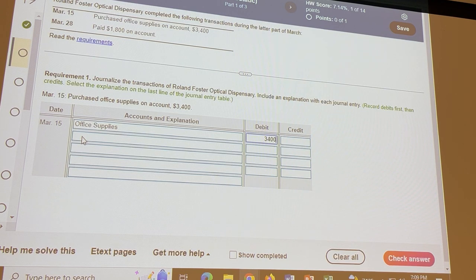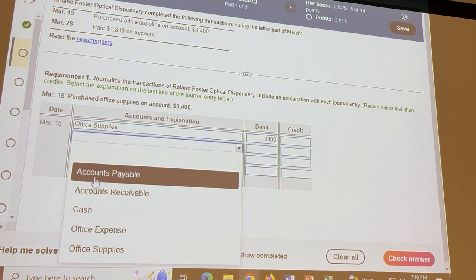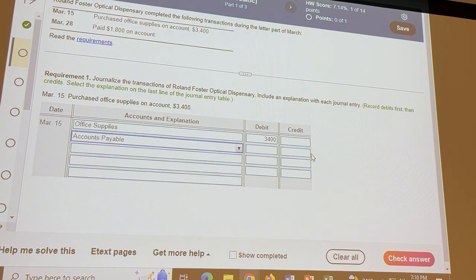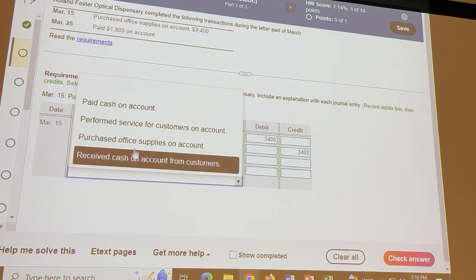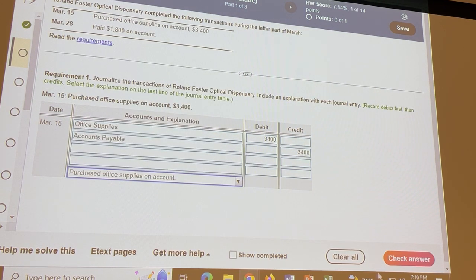And it says on account, so accounts payable would be a liability account that would go up with a credit. And then at the bottom we put purchased office supplies on account.